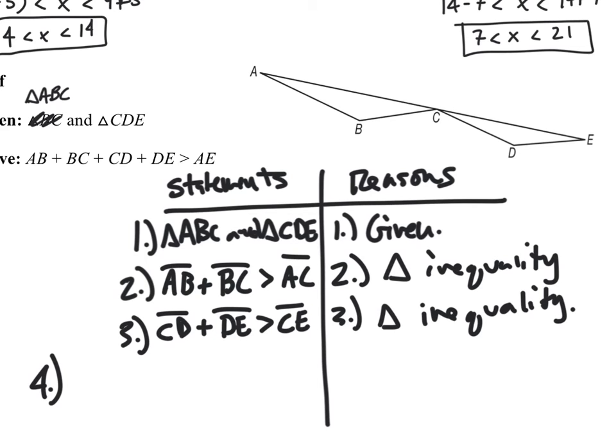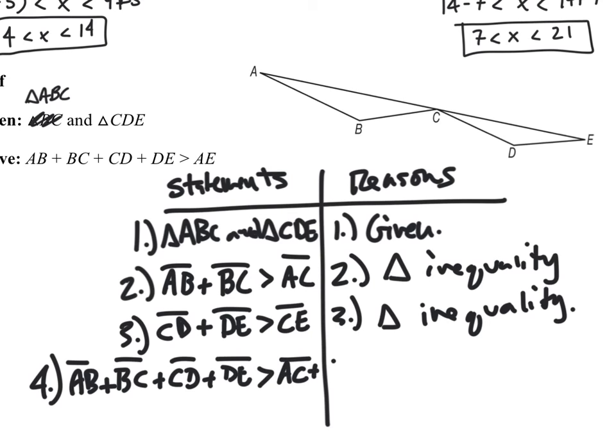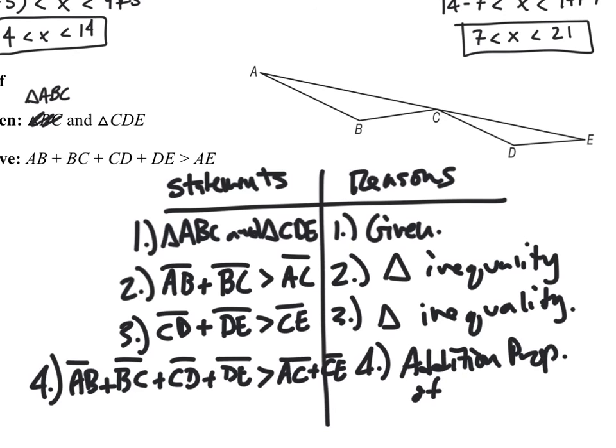And I'm going to say that AB plus BC, those segments, and I'm going to add CD plus DE, then that has to be greater than segment AC plus segment CE, okay, if I add those together. And all I'm doing there is just adding two things together. So that's the addition property of inequality.